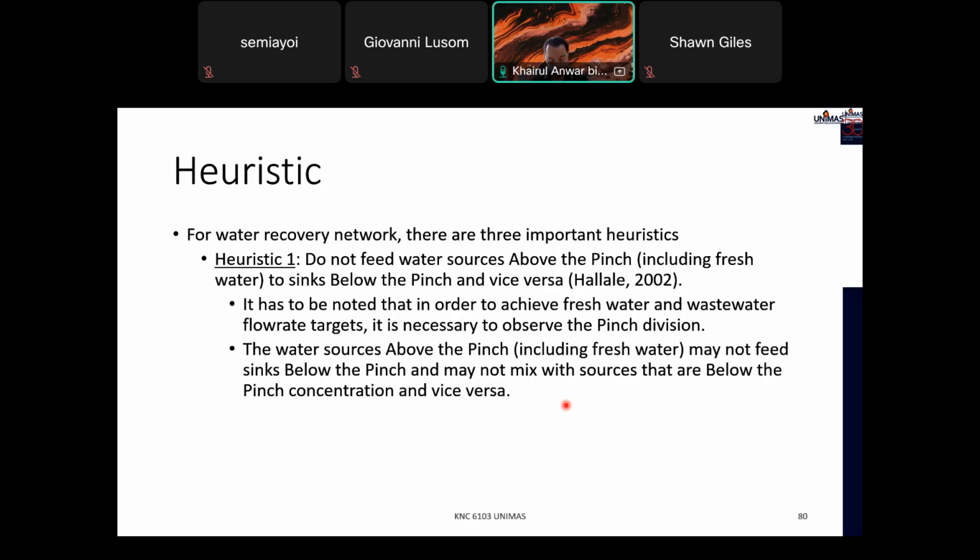So this is the rule of thumb. The water sources above the pinch may not fit sinks below the pinch, and sources that are below the pinch must not exceed the pinch. Vice versa.